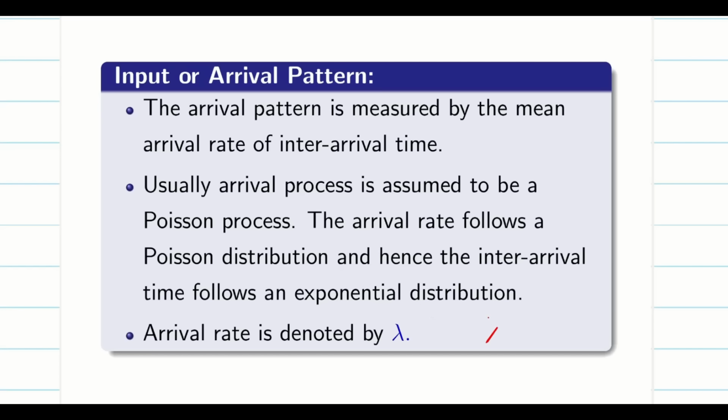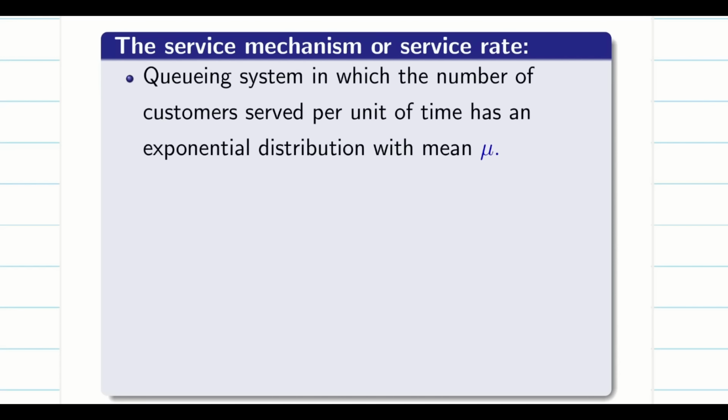We denote lambda as the arrival rate of the customers. That is the first notation we are going to use. The next one is the service mechanism or service rate, which we denote as mu. It follows an exponential distribution.